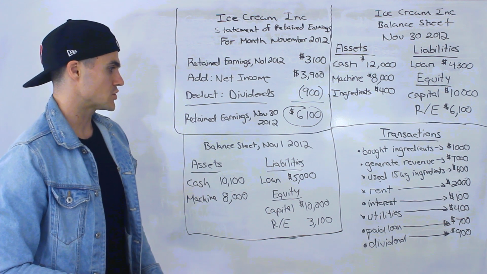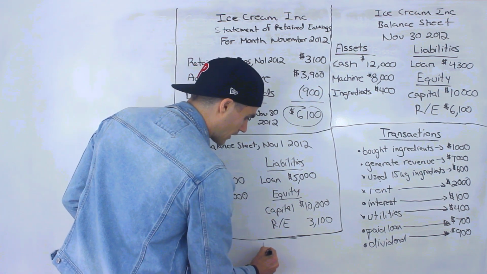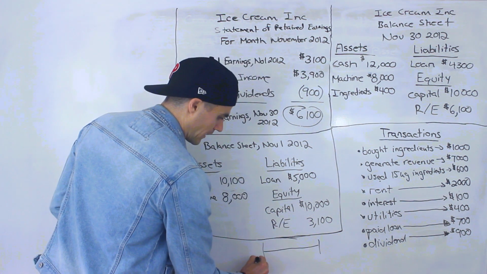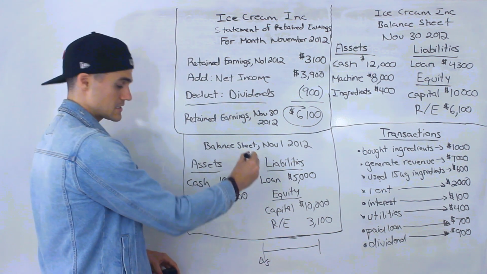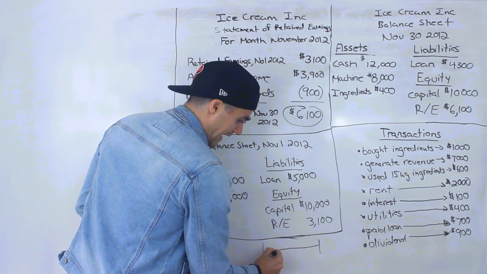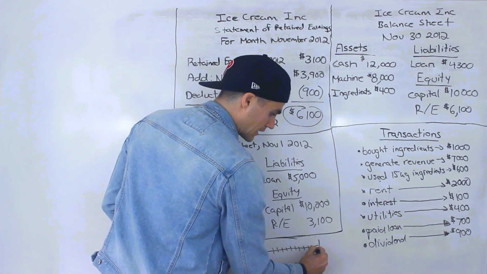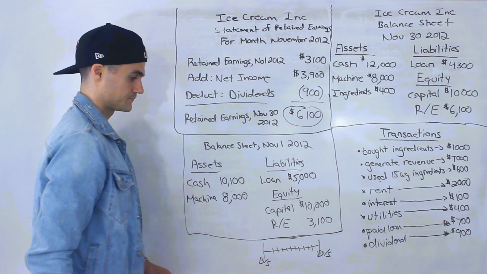Now, one thing I want to mention is, if you remember a couple of videos back, what I said was that if this is a period here, what happens is we start with a balance sheet at the beginning of the period, like this, and then we have a bunch of transactions, like these over here, and we end up getting our ending balance sheet at the end of the period.